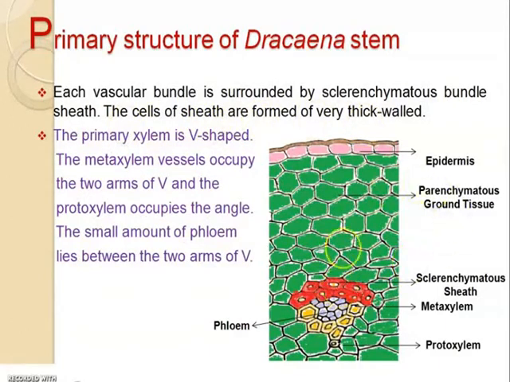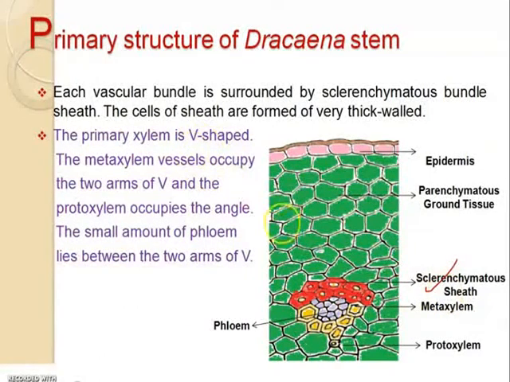This is a part of the transverse section of Dracaena stem, in which this is the sclerenchymatous sheath, which is thick walled, double layered, and the vascular bundle is covered by this sclerenchymatous sheath.